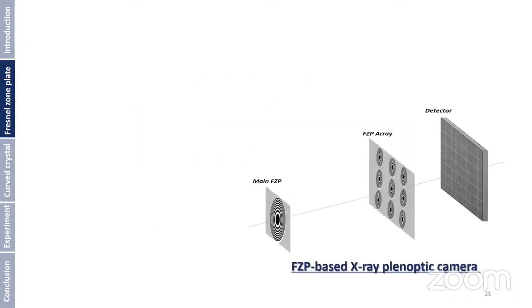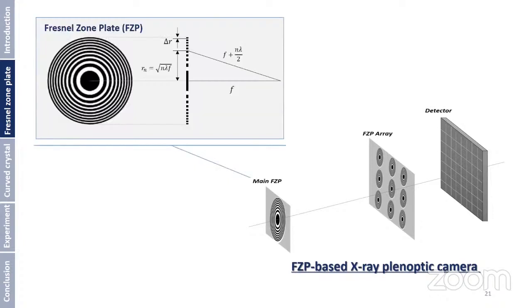Firstly, we proposed a Fresnel zone plate-based X-ray plenoptic camera, which means we replace the main lens and the microlens array by a main Fresnel zone plate and a Fresnel zone plate array, respectively.